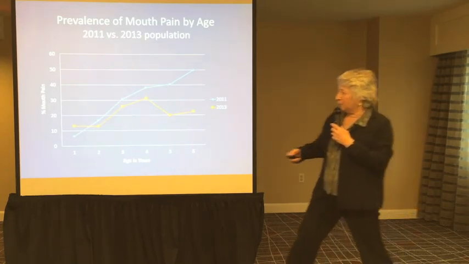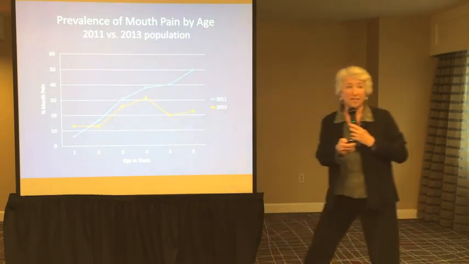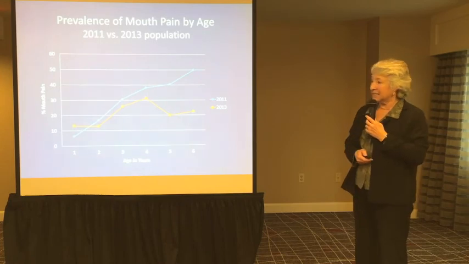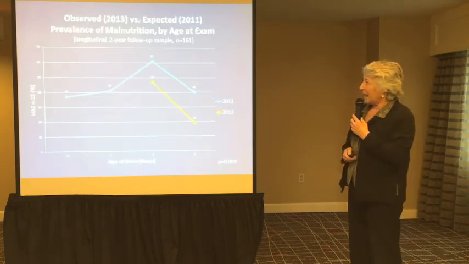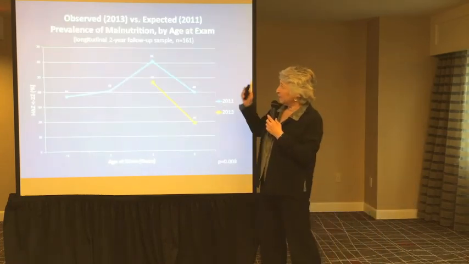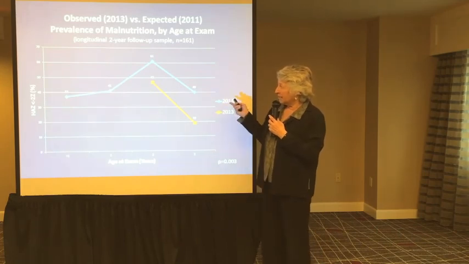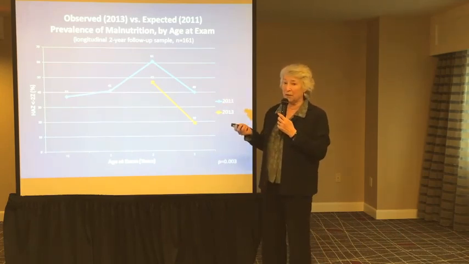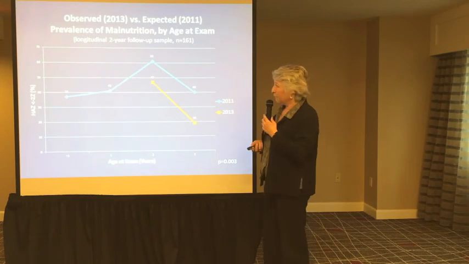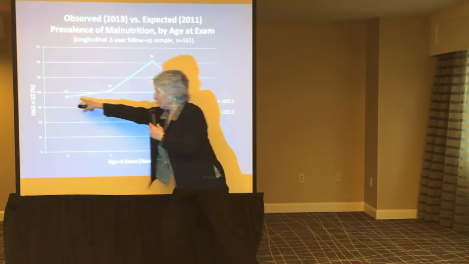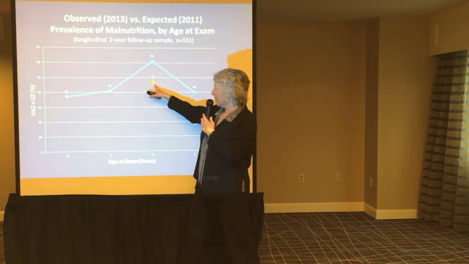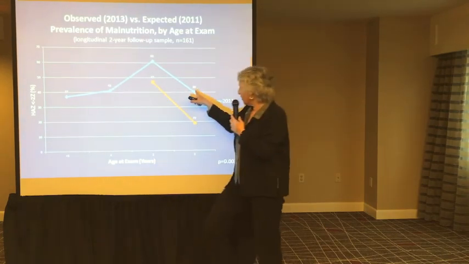Here's the prevalence of mouth pain too. We've been able to control it somewhat with our intervention, but still we have a long way to go. And malnutrition too. This is the longitudinal sample, so a smaller proportion of children we were actually able to see 3 years in a row. And so these children here, 2 years later, they're here. These children here, 2 years later, they're here.